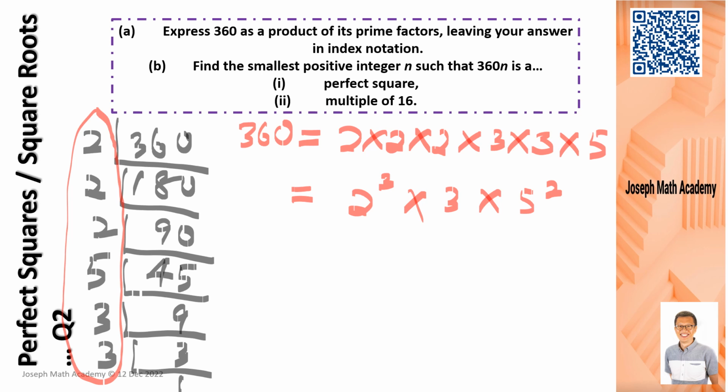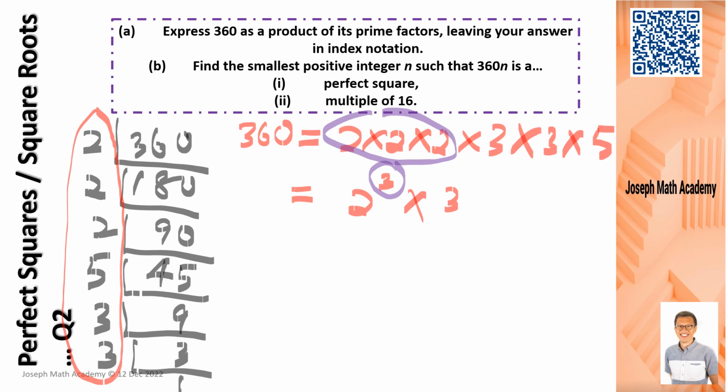Okay, let me take a look again. 2 appears 3 times, so it is a cube. 3 appears 2 times, so to the power of 2, and 5 appears only 1 time.